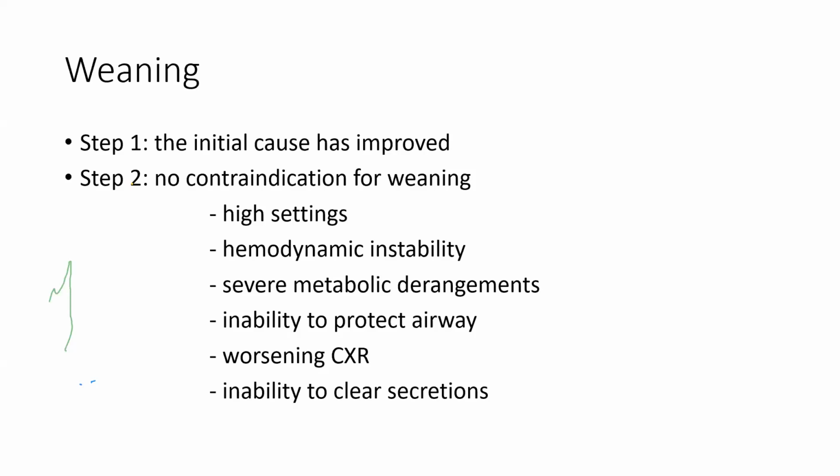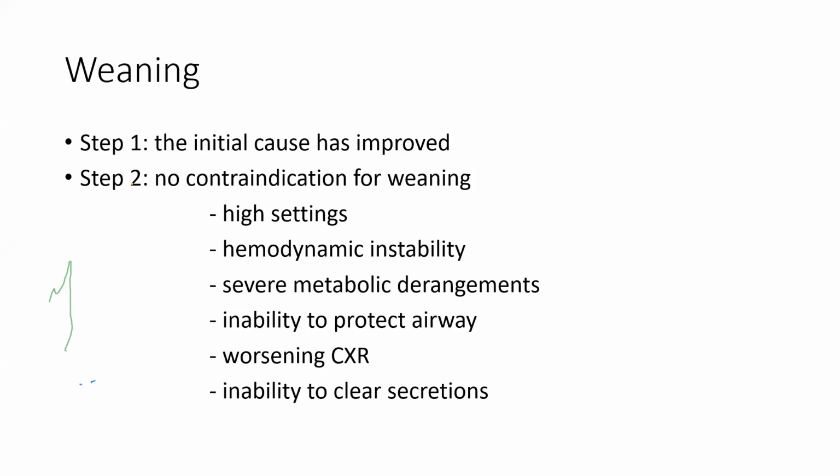So an example: if the patient was initially intubated and ventilated to protect his airway because he was unconscious. After some time, the patient regained consciousness, and hence step 1 is fulfilled.